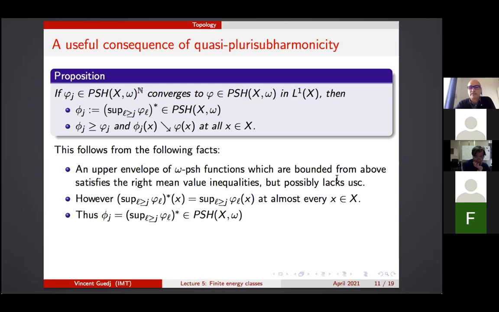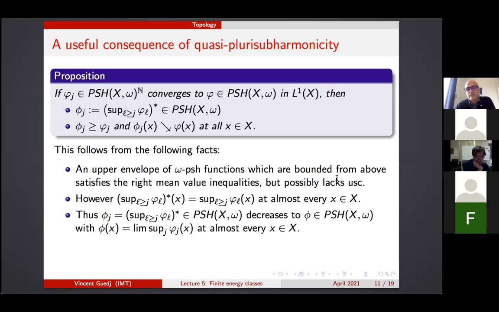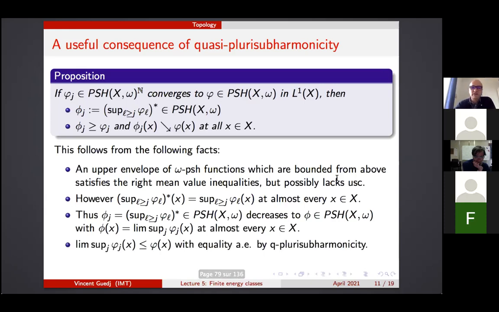Now, as a consequence, the upper semi-continuous regularization of this supremum is omega-psh, and it is clearly decreasing in j, so it decreases to some function Phi. On the other hand, this is a property that I did not recall, which comes from pre-compactness: if the sequence phi_j that I start with converges towards phi, then at all points x, the lim sup of phi_j at x is less or equal than phi of x, with equality almost everywhere.